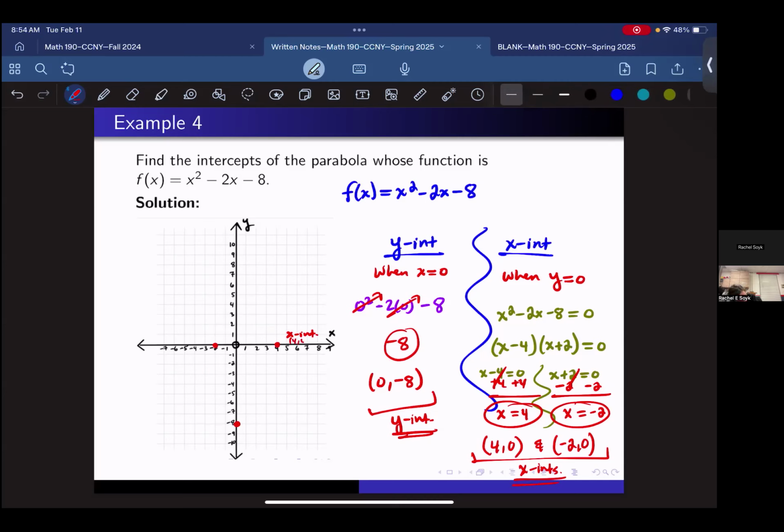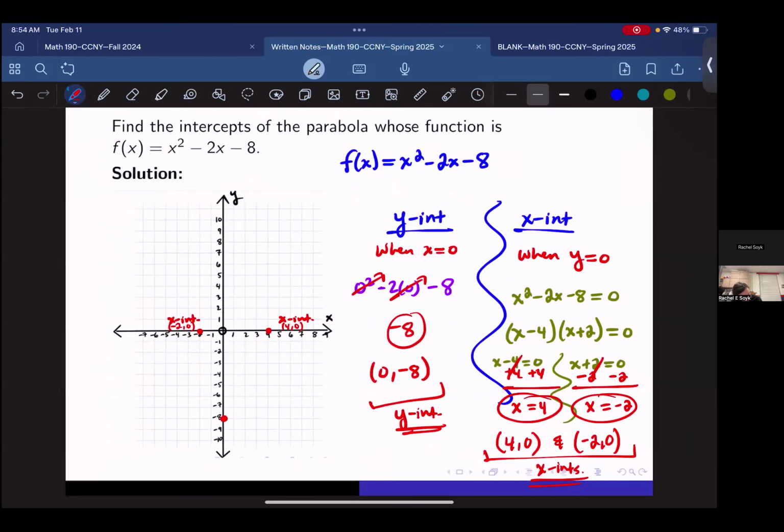So (4, 0), another x-intercept, which is (-2, 0). And then we have our y-intercept, which is (0, -8).